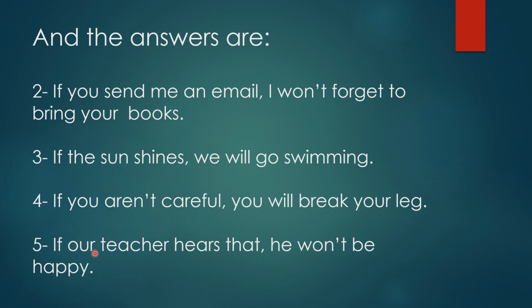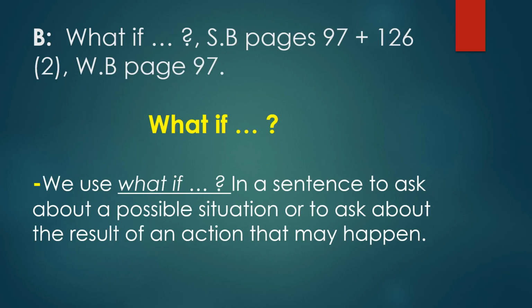If our teacher hears that, he won't be happy. So in case it happened, and our teacher heard that, he won't be happy. He won't be happy is the result for the condition, which is if our teacher hears that. All right, so we are finished with if clauses type 1.